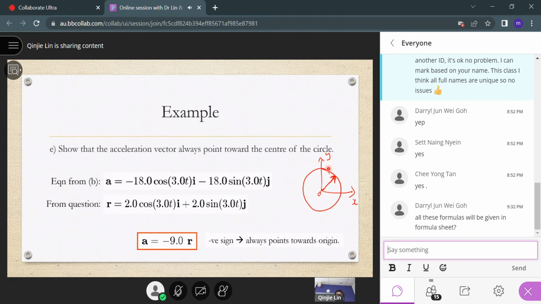So to prove that acceleration always points towards the center of the circle, you get a equals minus ω squared r. Since r is pointing out of the circle, if you get a equals minus something times that, it is already proving that a is pointing towards the middle of the circle.